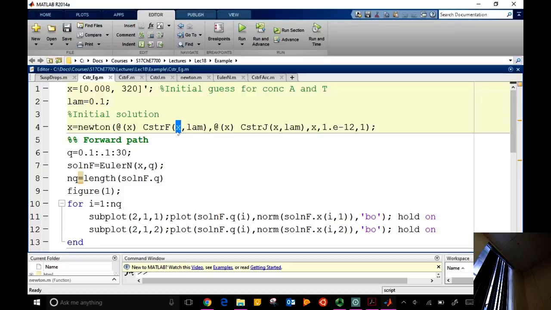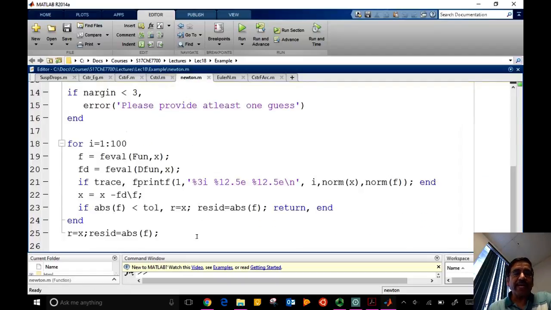So I'm identifying by the syntax, x is the one that's going to be chosen as the unknown. Same thing here. Okay? And then this is the guess for x. All this comes from the first line. Wherever x appears, substitute there. And what is this one? This is the tolerance that I have built inside the Newton method. Okay? And the last parameter is a flag which says if it is 1, print every iteration. And if you go back and look at the Newton method, you will find that I'm using the tol function here.